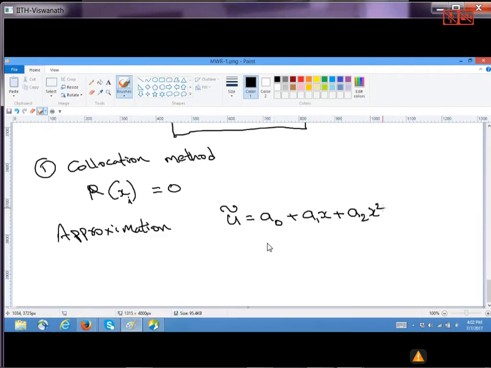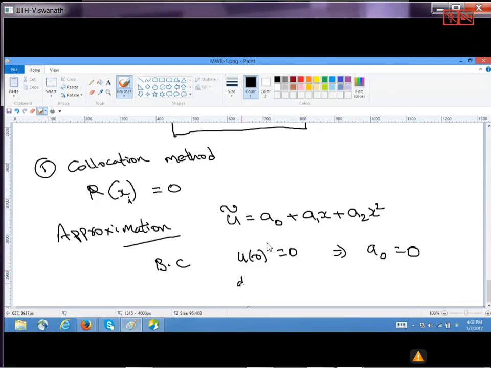I can keep on making a bigger approximation, but I'm thinking that this is good enough for me. If it is not good enough, we can try it with bigger ones. Now, this is a valid approximation provided it also satisfies the boundary conditions. The boundary condition u of 0 equals 0 implies my a naught is equal to 0.